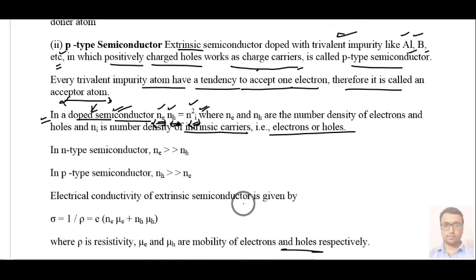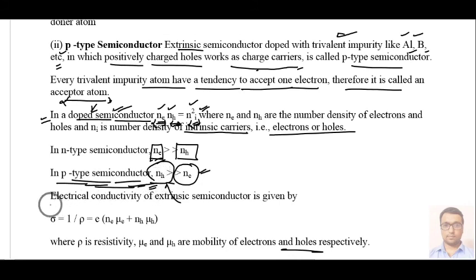Now for the n-type semiconductor, the number of electrons is greater than the number of holes. Similarly, in the p-type semiconductor the number of holes is greater than the number of electrons, because we have added a trivalent impurity. That's why the number of holes will be greater.